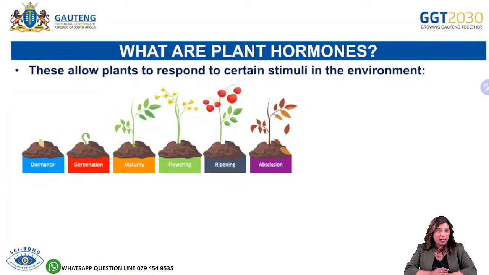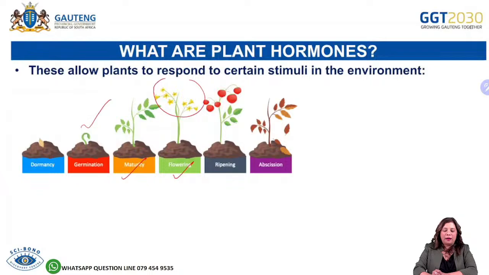And then we have germination, which is developing from a seed. Then we have maturity as they grow further. Flowering, which is blooming. You can see the flowers there. Ripening is when the fruit turns from most likely a green color to the chromoplast color, which is red, sometimes orange, and all of those things. That's ripening. And abscission.